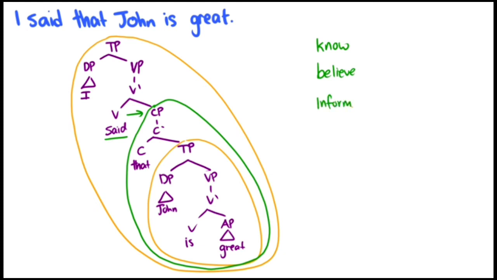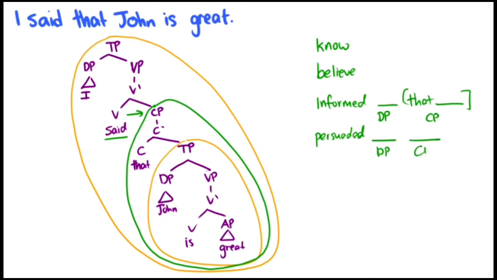something. Some verbs like inform take both a DP complement and a CP complement, similar to the verb persuade. So it takes a DP complement and a CP complement, like "persuaded the students that my exam won't be easy."